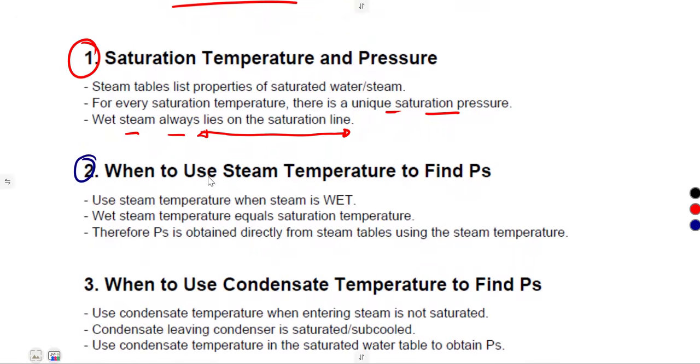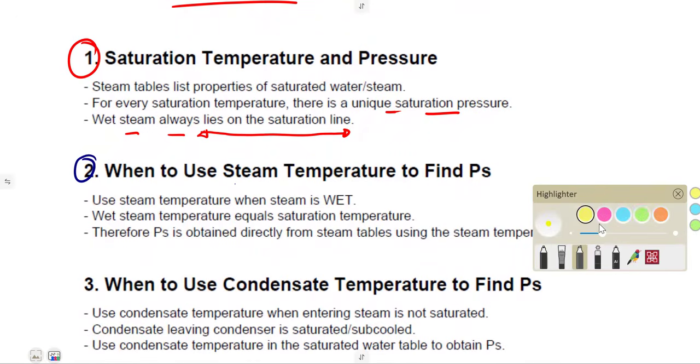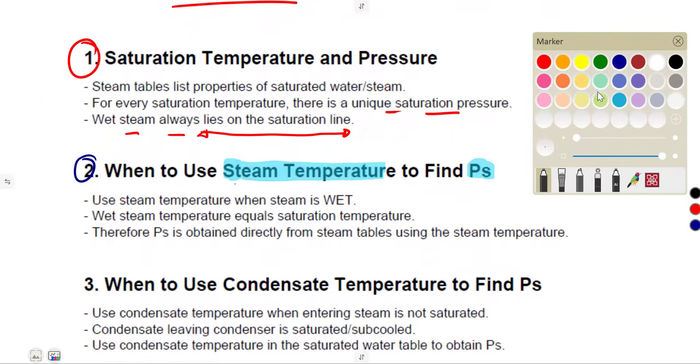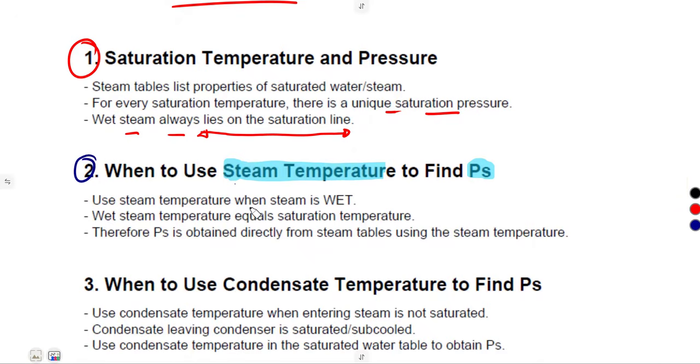When to use steam temperature to find PS? When do we use that? The steam temperature. When exactly can we use it to find our PS? We can use this on a condition that the steam is wet, as mentioned before, or wet steam temperature equals saturation temperature.